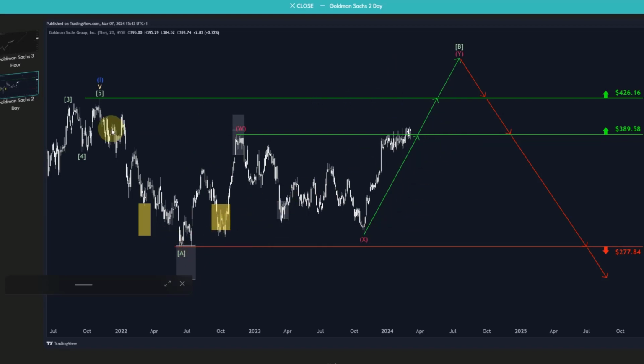I mean, you could possibly assume this was wave 2 if wave 1 topped here, but first of all, it was quite shallow for a wave 2 in that case. It would have been very shallow. Also, time-wise, the duration wasn't really long enough to be considered very likely that wave 2 completed.